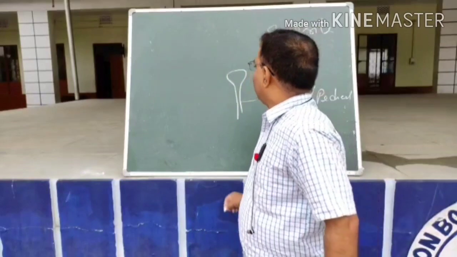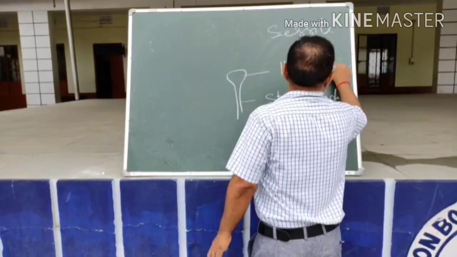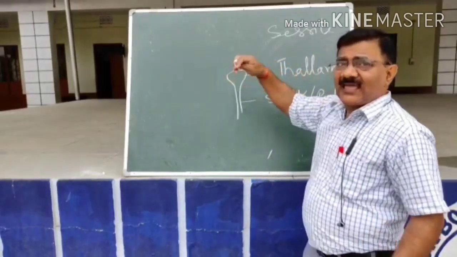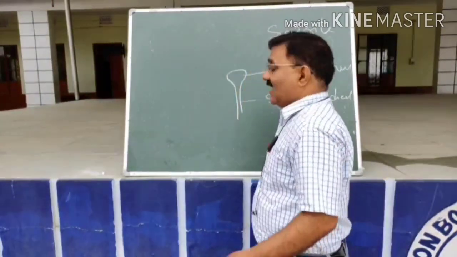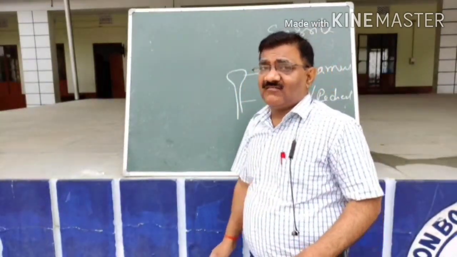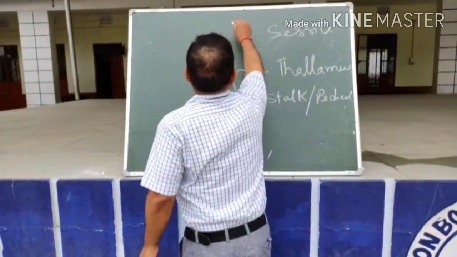That cup-shaped part is called thalamus. What is that called? Thalamus. And on the thalamus only the floral parts come out. That is one important question: draw a diagram showing a typical flower. On this only you can see it this way.